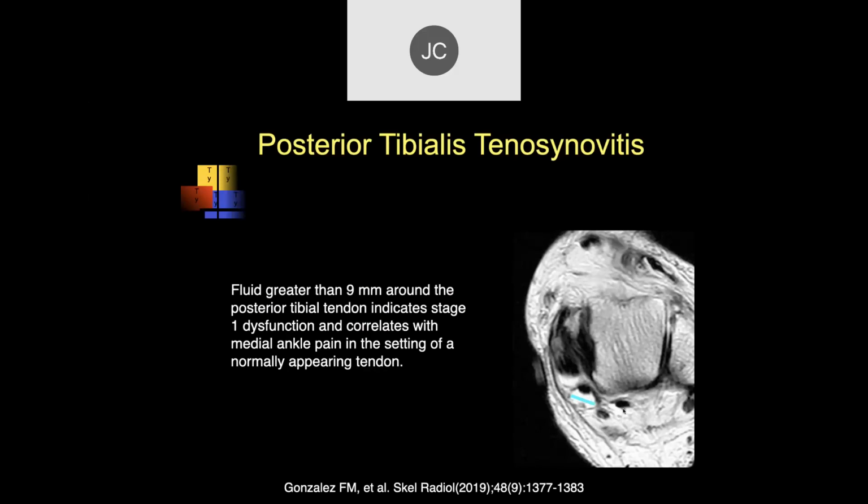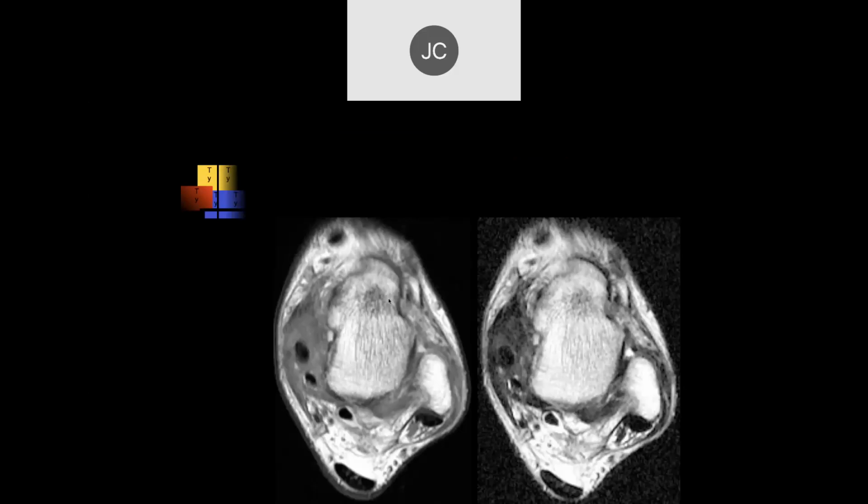Fluid in the hallucis longus is quite common, and even a fairly large amount of fluid in the flexor hallucis longus tendon sheath is considered normal. But it's abnormal in the posterior tibialis, and this amount in the digitorum would be abnormal as well. What this study says is if you could measure a cross-sectional length of 9 millimeters, that's abnormal. I think most people will actually call it abnormal when there's less fluid than that.